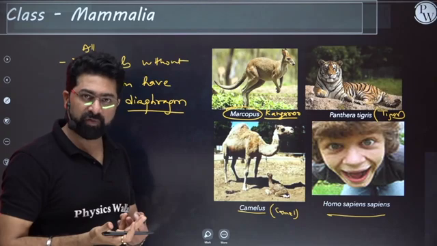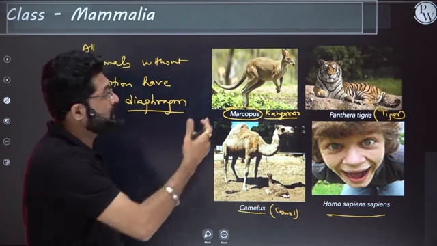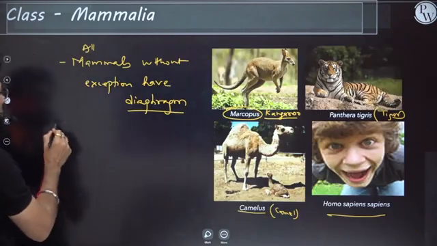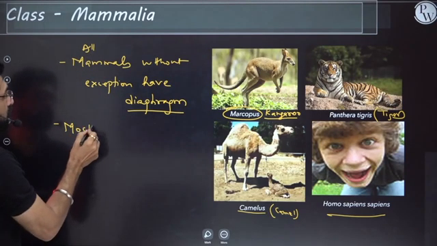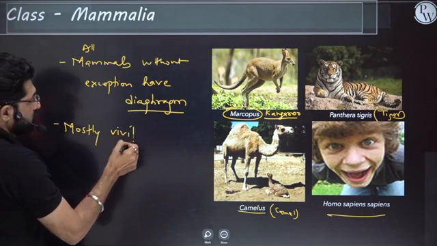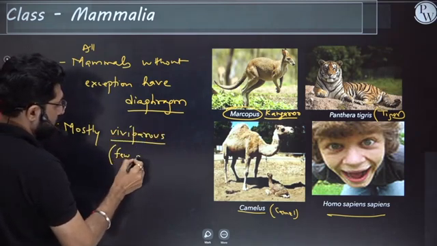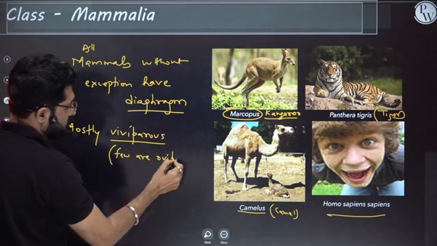They are viviparous, yes, but then again you have Ornithorhynchus, which is oviparous. So mostly they are viviparous, but a few are oviparous also.